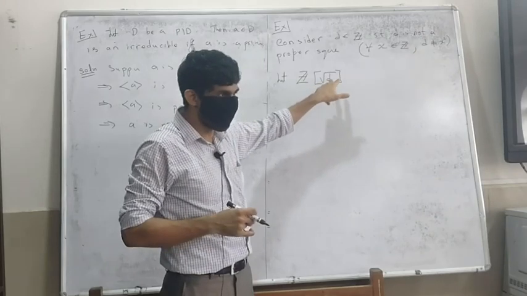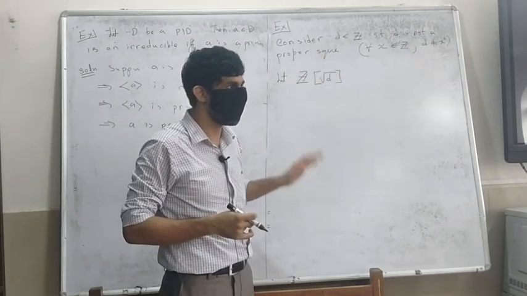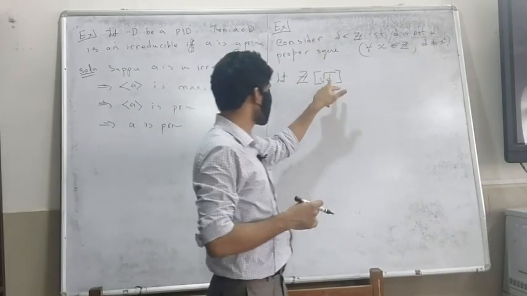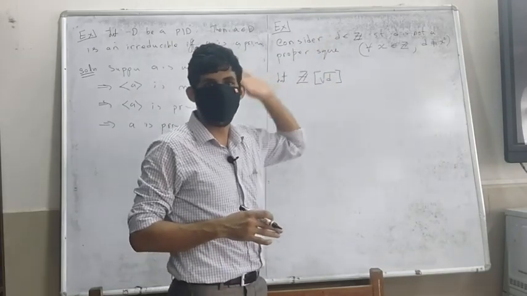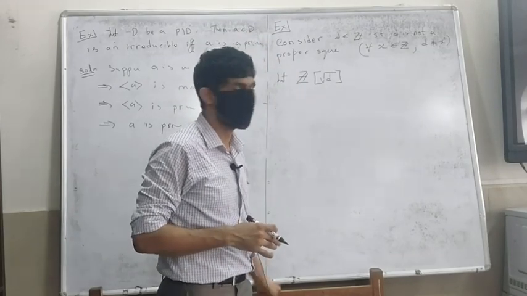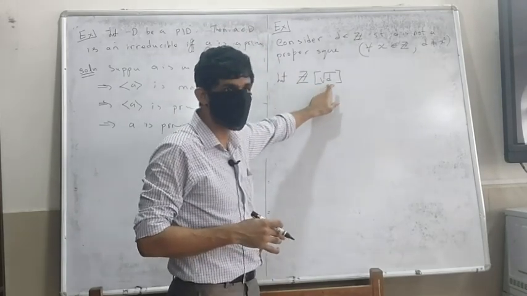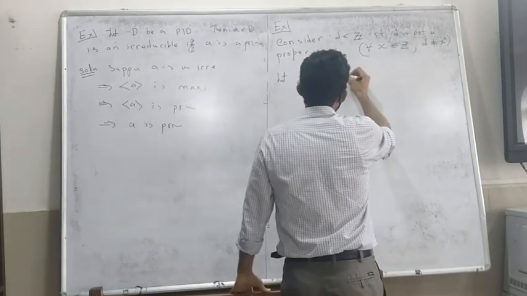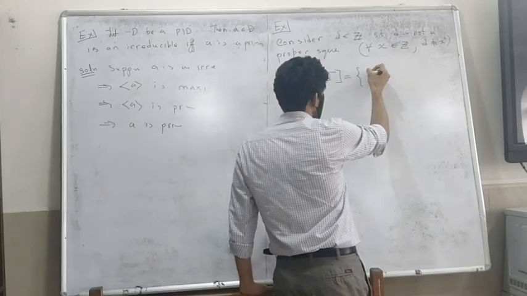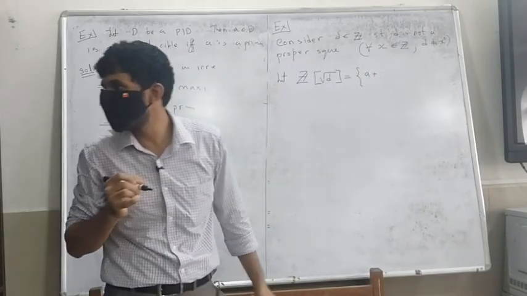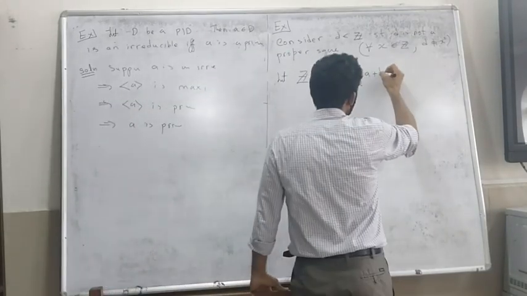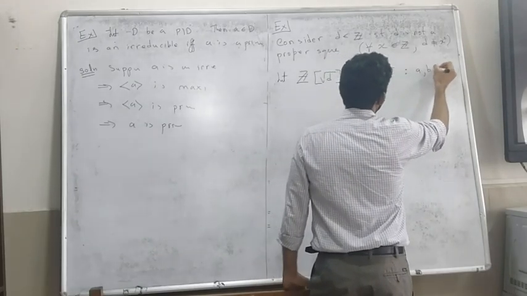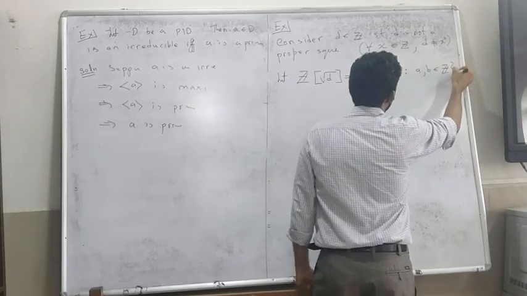If D is negative, it will be imaginary; otherwise it's at least a complex number, so it is properly defined in the complex number system. If D is -3, then this will be 3i. So I define this ring to be the set of all a plus b root D such that a and b are in Z.